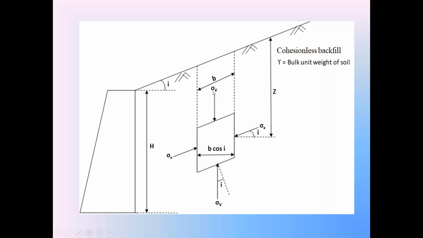Check this sigma v vertical stress. The vertical stress sigma v is not perpendicular to the top surface of the element. Similarly, the stress sigma x is not perpendicular to the vertical sides of the element. Dear students, please check those two stresses carefully. The vertical stress sigma v is not perpendicular to the inclined surface of the soil element, both at the top and at the bottom.